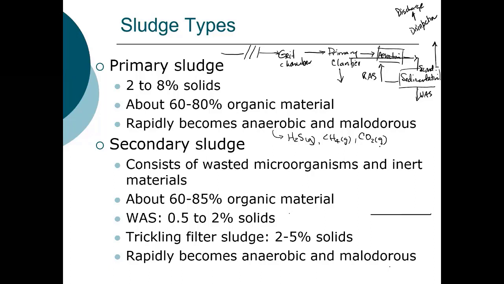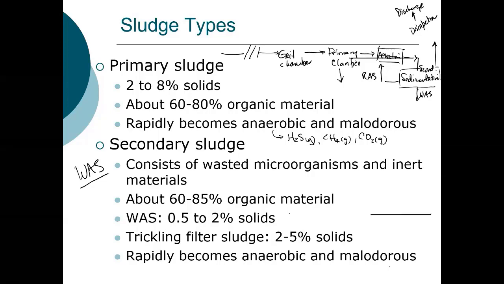And then there's the secondary sludge, that's our waste activated sludge. And that consists of these wasted microorganisms and inert material. Like the primary sludge, it also contains about 60 to 85% organic matter, but the percent solids is actually quite a bit less than that of the primary sludge.